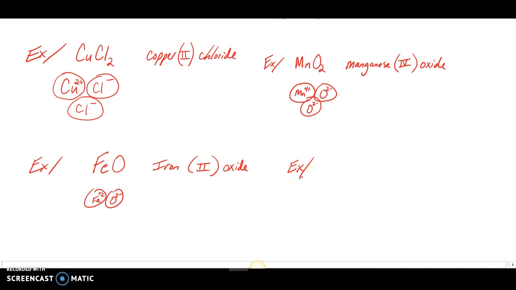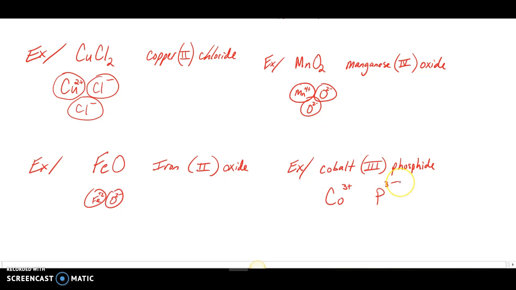Just for good measure, let's do one more. I'll give you the compound cobalt(III) phosphide. So we know cobalt is going to have a 3 plus charge, which the Roman numeral tells us. It's bonded to phosphorus.